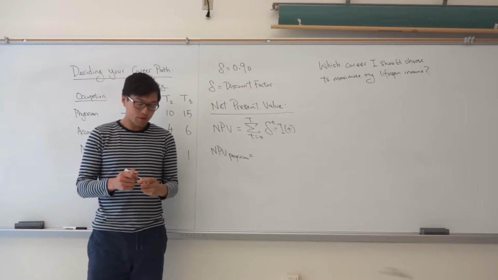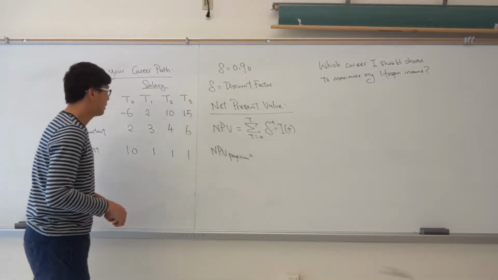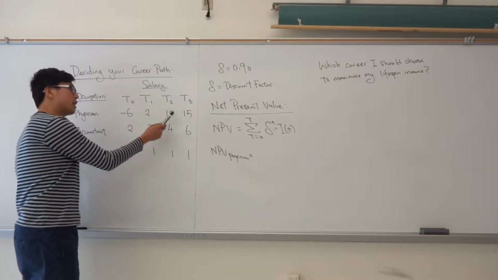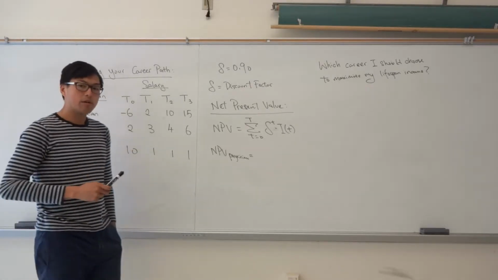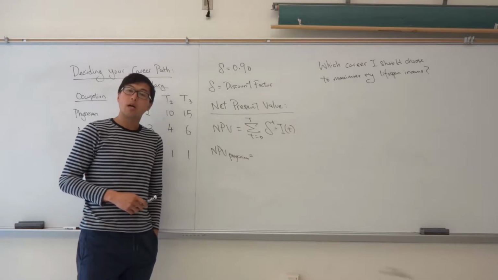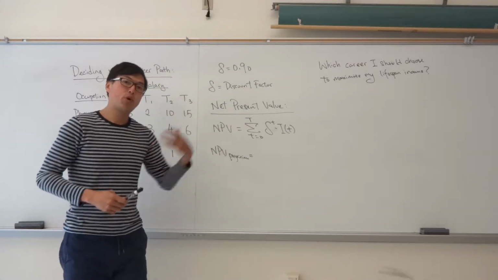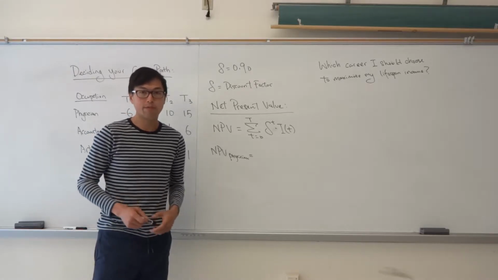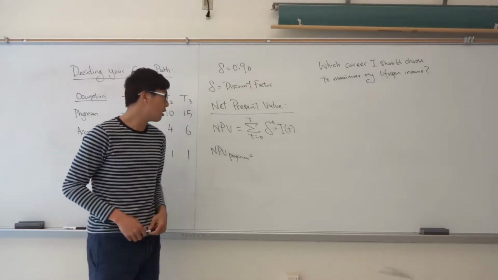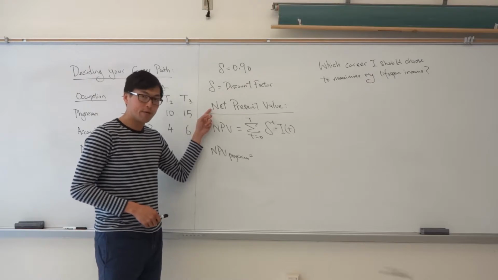In this case, we don't simply compare the total income received by each profession at different periods, because it would be misleading, since what we earn in the future will be discounted by the discount factor. So we have to use something that we call the net present value.